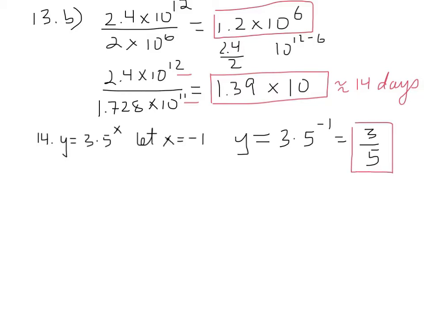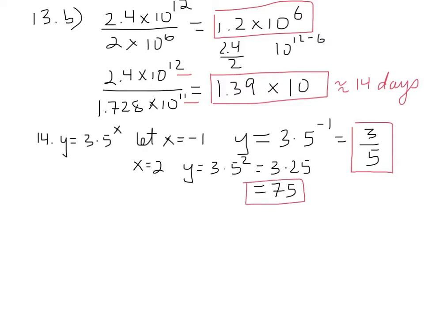Then it says let x equal 2. So y equals 3 times 5 squared, which is 3 times 25, which is 75. So the second part is 75.